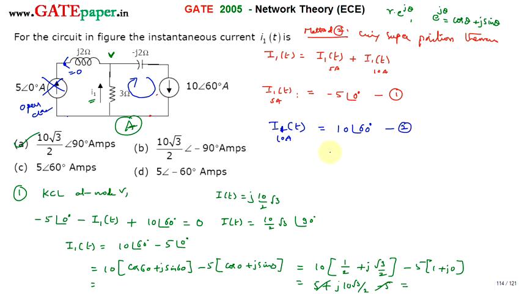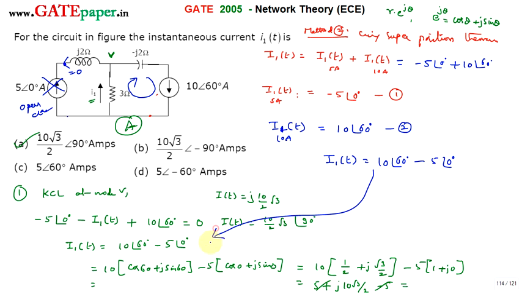This is the second equation. Now from the first and second equations, the overall response is minus 5 of 0 degrees plus 10 of 60 degrees. So I1 of t can be written as 10 of 60 minus 5 of 0 degrees, which is the same as before. Using the previous procedure, you get the value of I1 of t as 10 by 2 root 3 of 90 degrees.